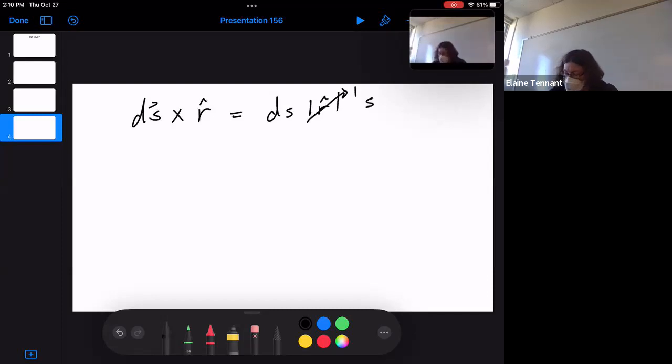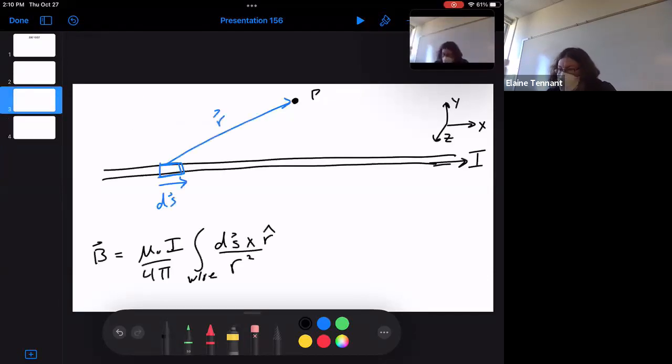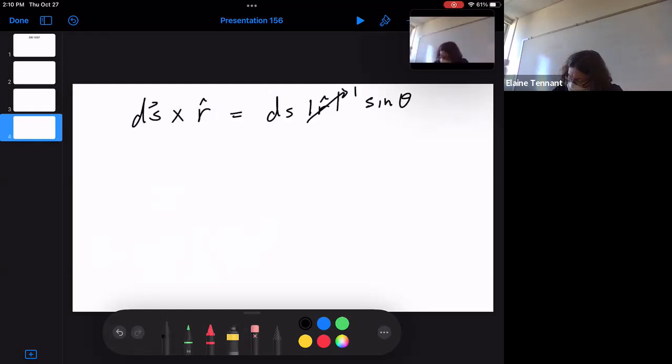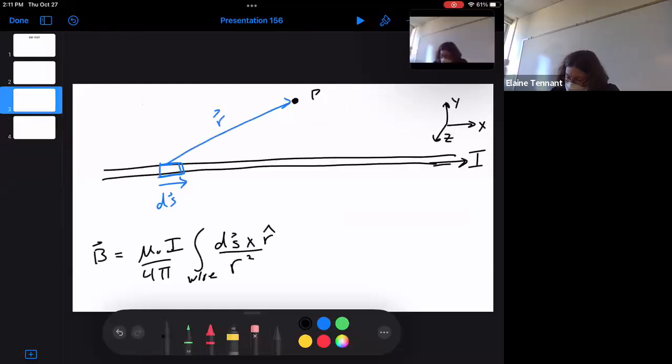And then we take the sine of the angle between them. I'm going to call it phi. We're going to be really careful about what angle we're talking about as we go through this, where phi goes between ds and r hat. And so ds is going this way, and so that's phi right there.